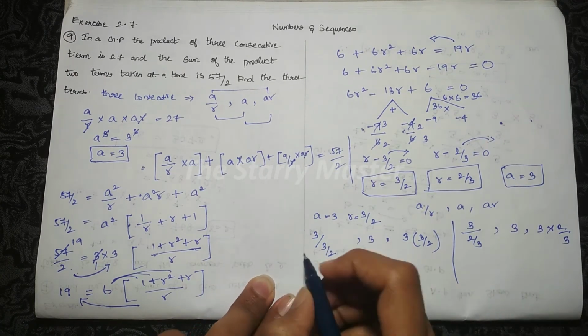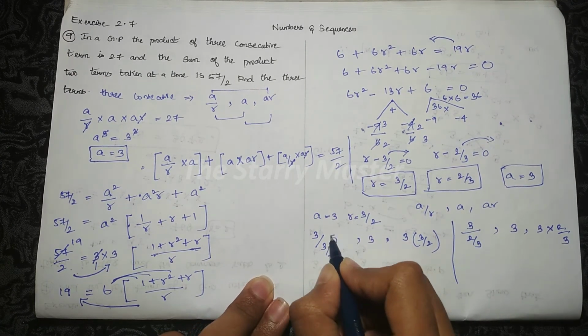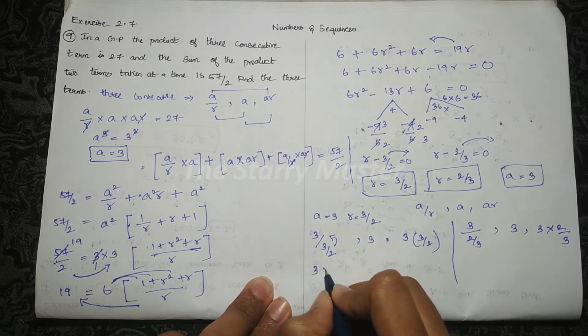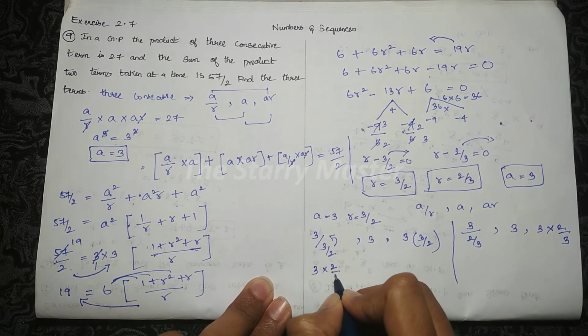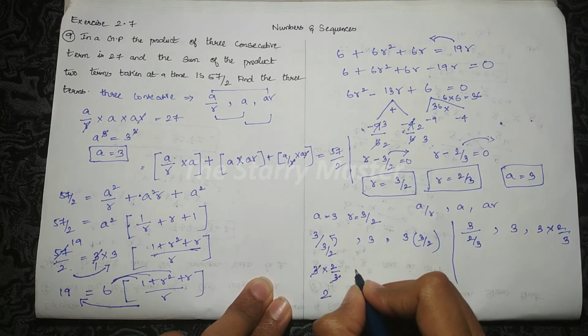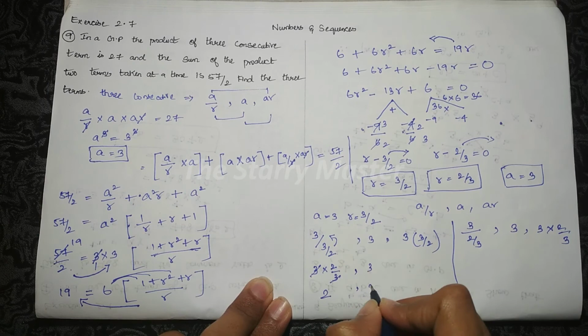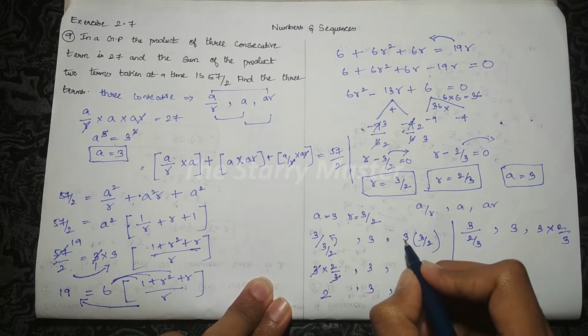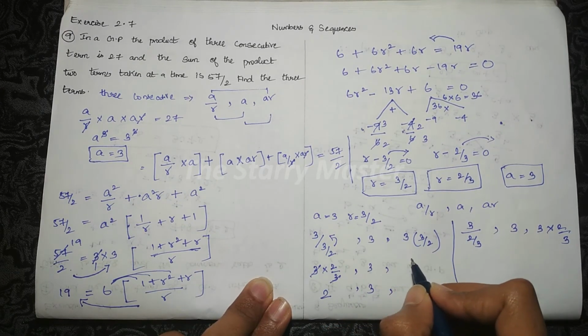From this, if we take it above, we get 3 into 2 by 3. The 3s get cancelled, and 2 remains here. 3 as it is. Here we have 3 into 3, 9 by 2.